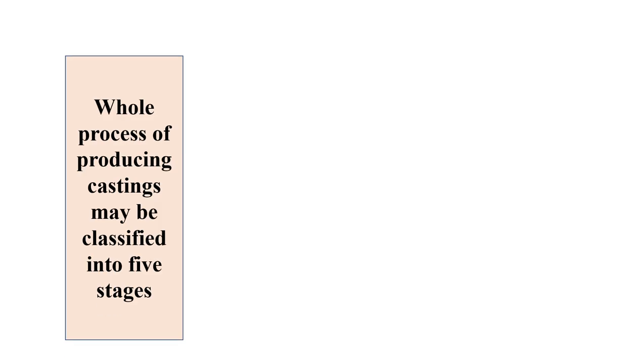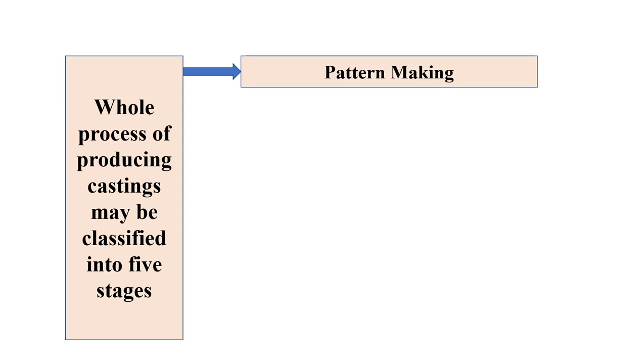So all the casting process is classified into five stages. First stage is the pattern making. In the pattern making, the pattern is prepared by using a suitable material as per the desired size, specifications, properties and dimensions which are received from the planning section.